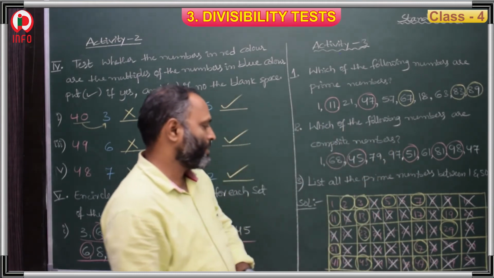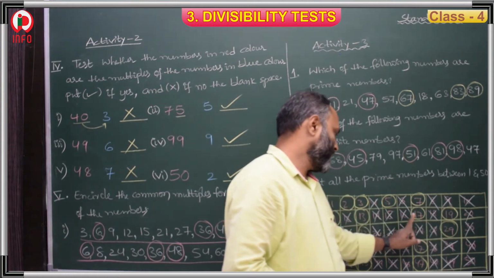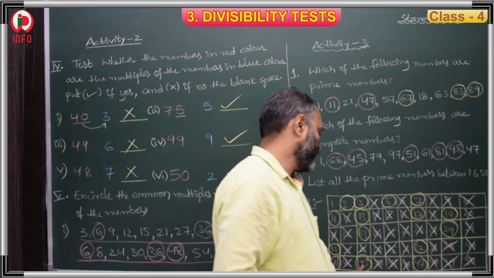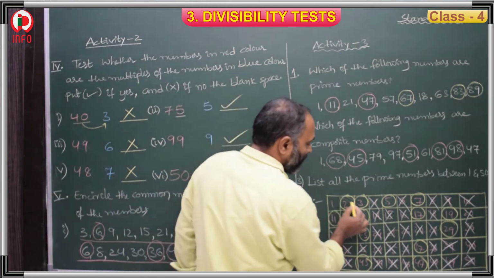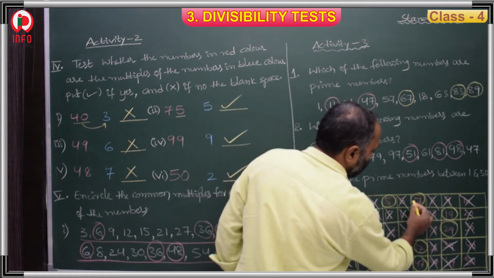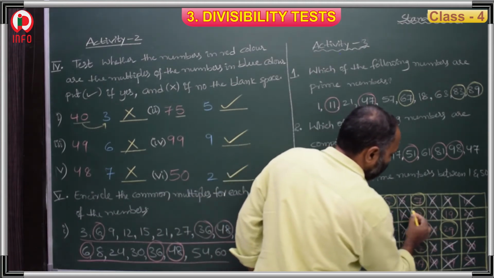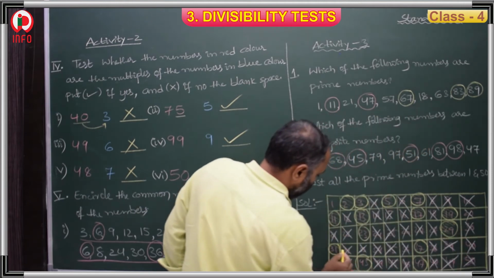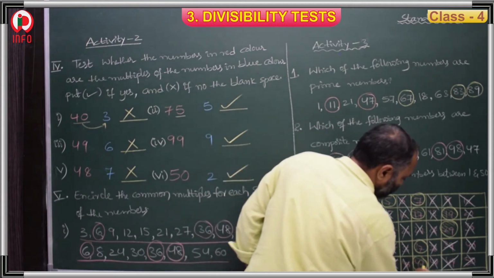These are the prime numbers. These 15 numbers are prime numbers.